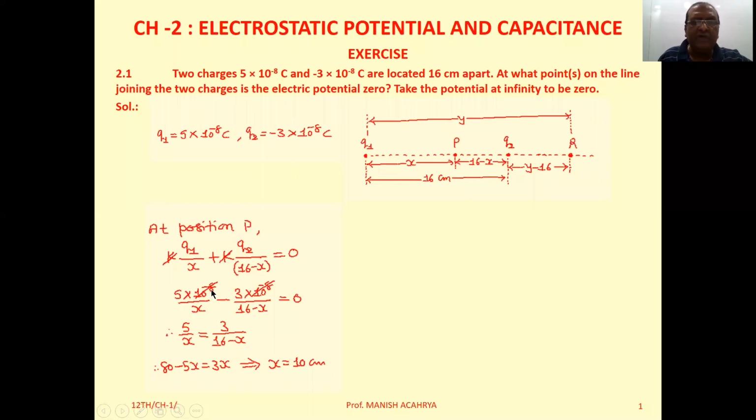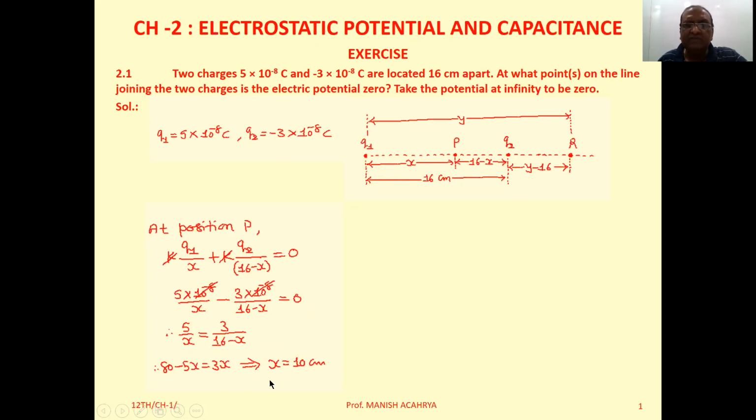So 5 × 10^-8 upon x minus 3 × 10^-8 upon 16 minus x. Q2 is a negative charge, so this negative sign will appear. Take 10^-8 common, and it will be cancelled. Then we will get 5 by x equal to 3 upon 16 minus x.